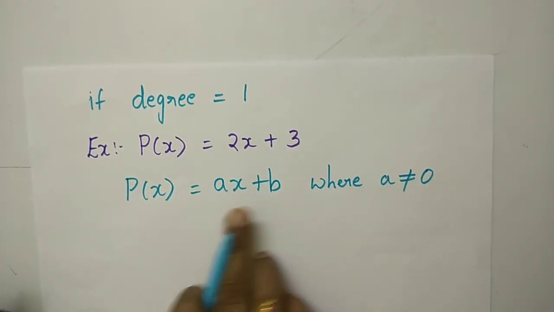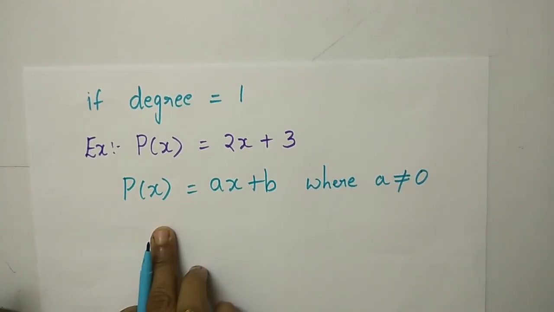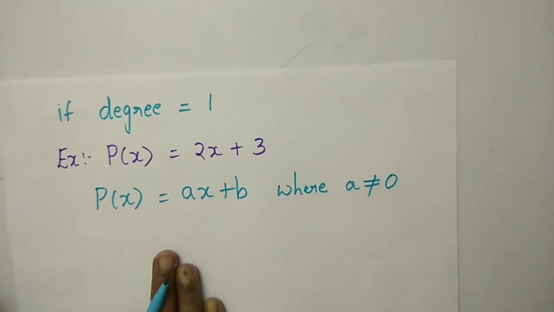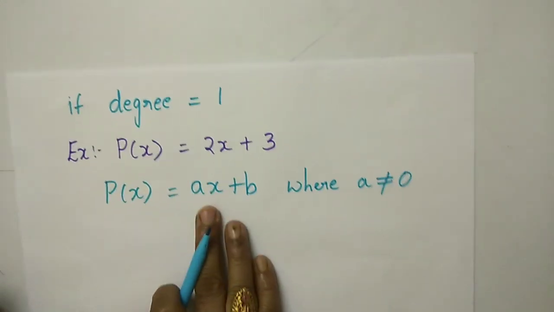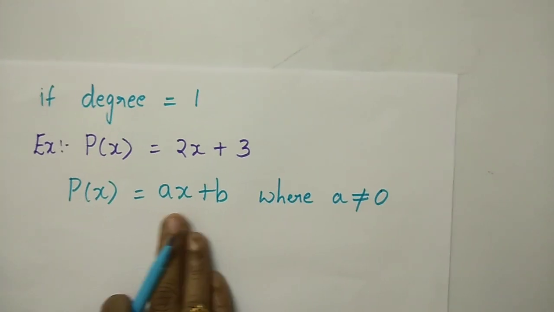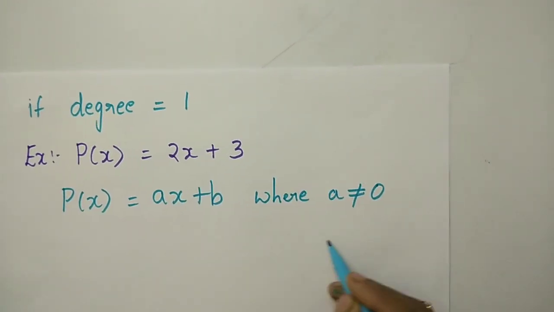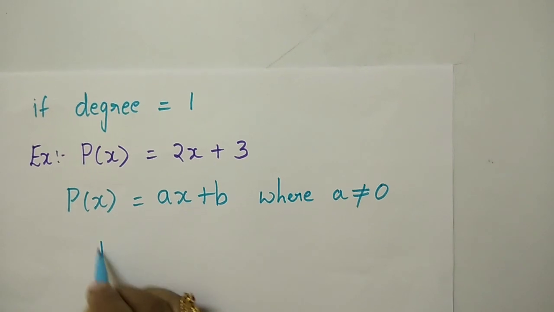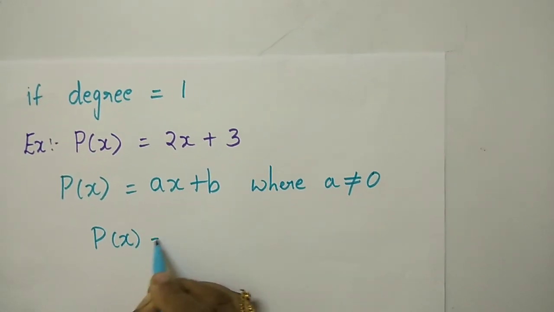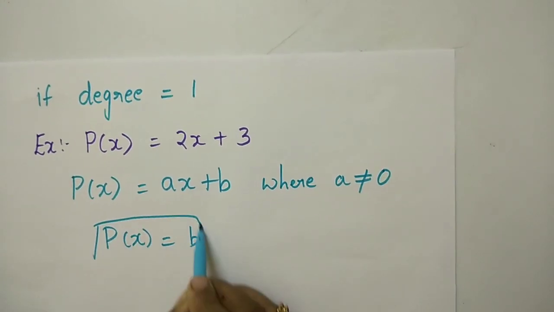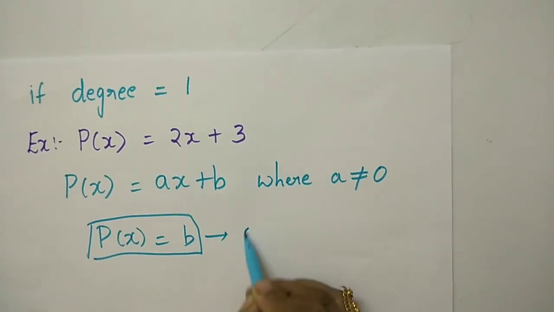A is not equal to 0 because if there is a 0 in the place of a, then definitely this polynomial will be of the form P of x equal to b, is it not? Then this will become a constant polynomial.